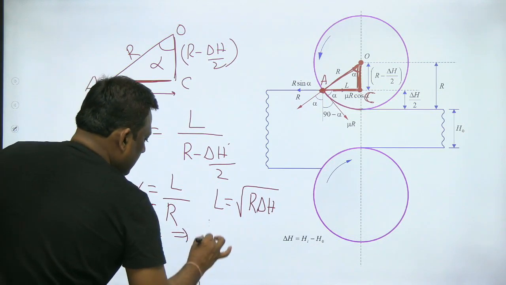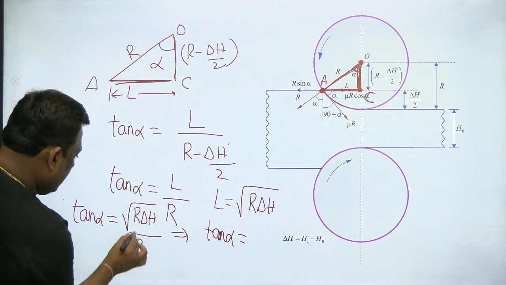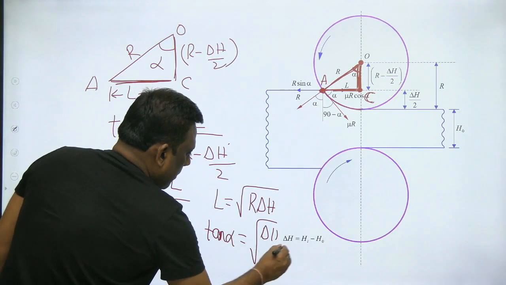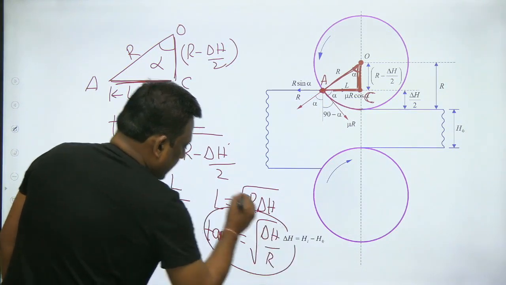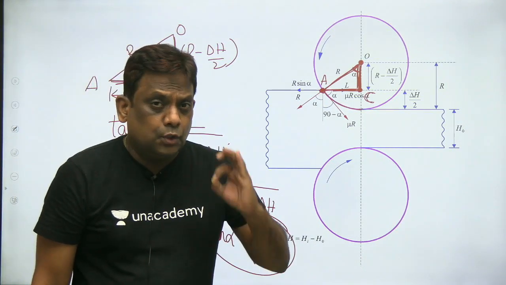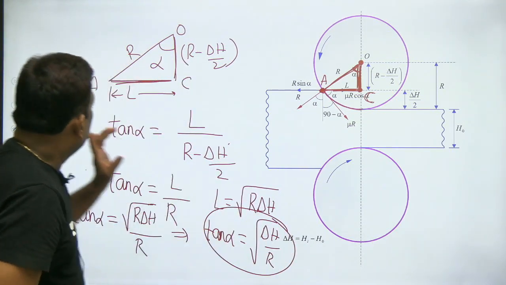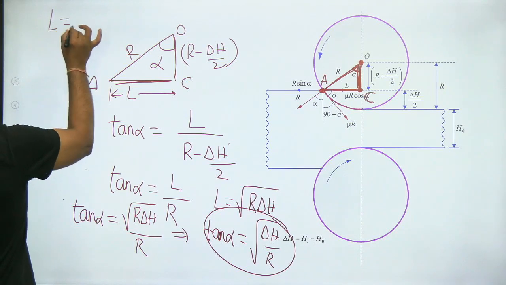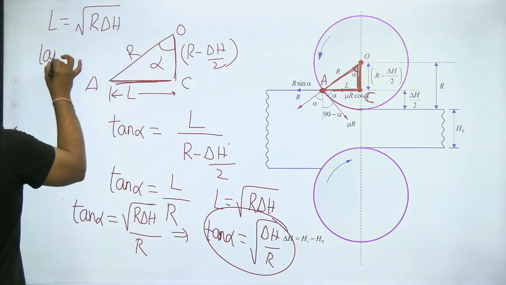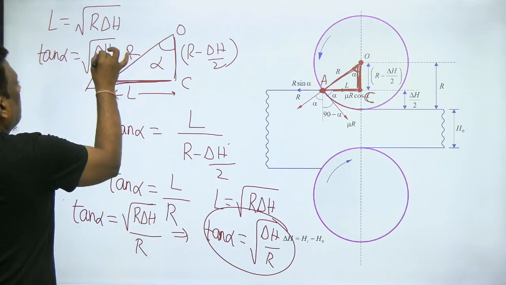Therefore tan alpha is equal to root delta h by r. This is also a very important equation. I repeat, tan alpha is equal to root delta h by r. And the first equation that I gave is contact length L is under root of r delta h, and tan alpha is equal to under root of delta h by r.